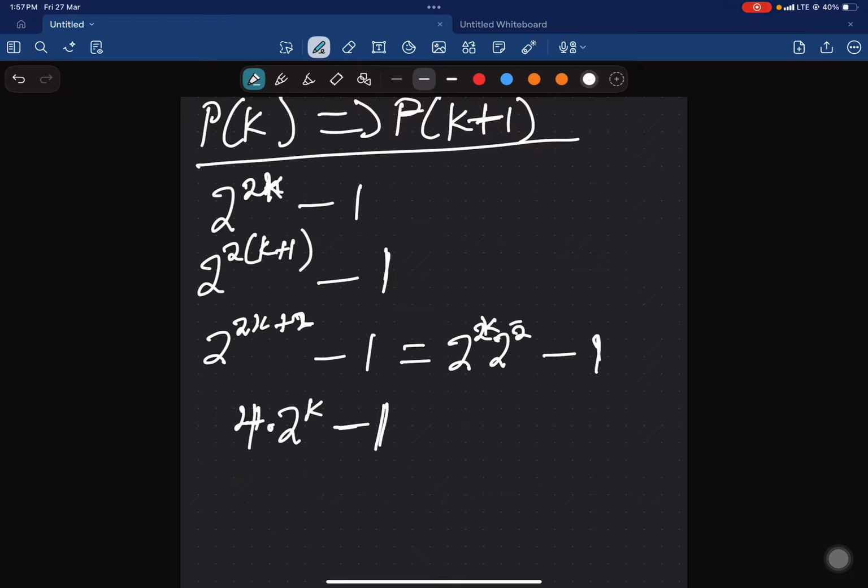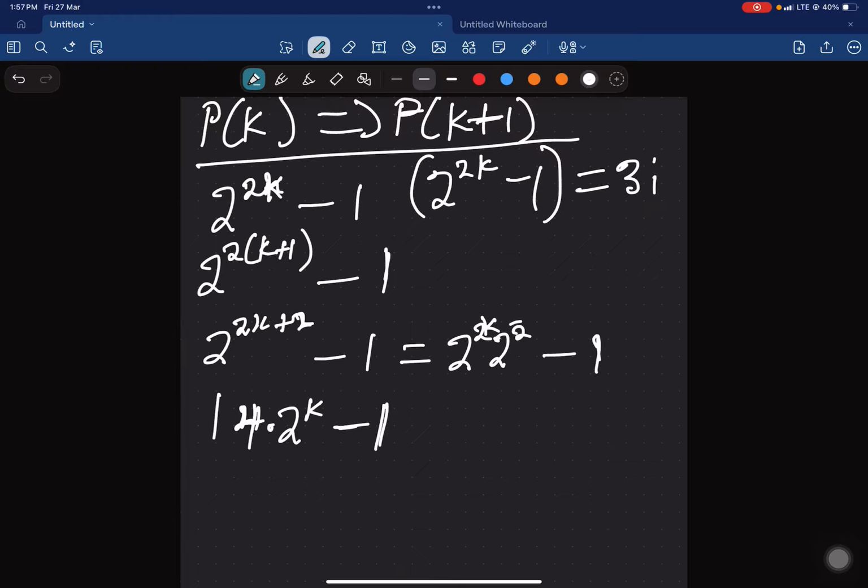Now over here, let's do a manipulation. The original statement we have on the left side of the implication is 2 to the power 2k minus 1. And we've established that this is a number which is divisible by 3, and we've represented this by 3i.